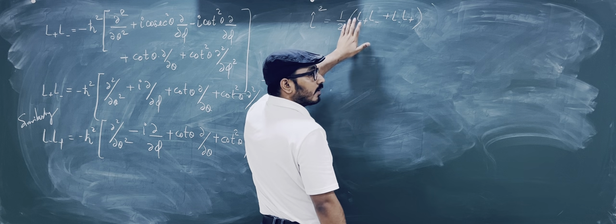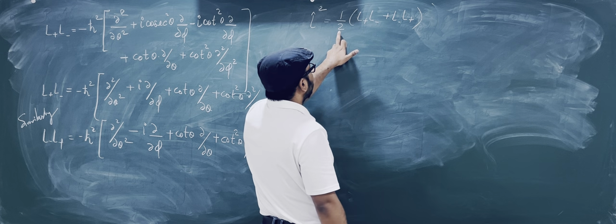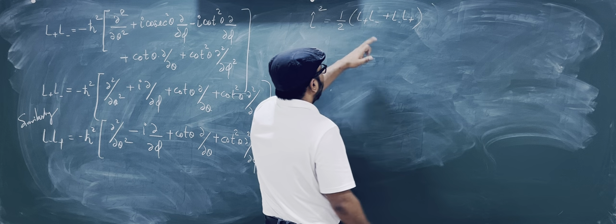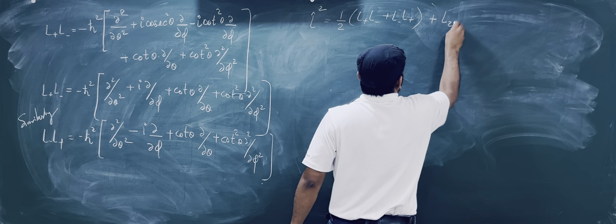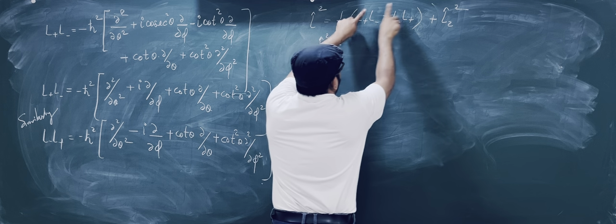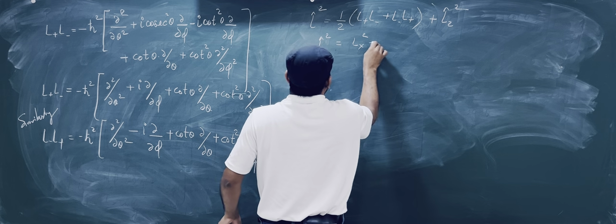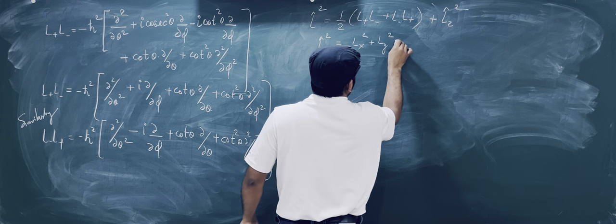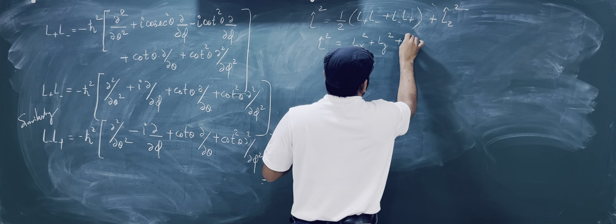So this is 2 of Lx square plus Ly square. So I divided it by 2, and then we have to write Lz square as well, because this term will turn out to be Lx square plus Ly square. So this is Lz square.